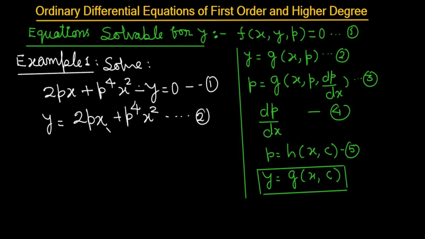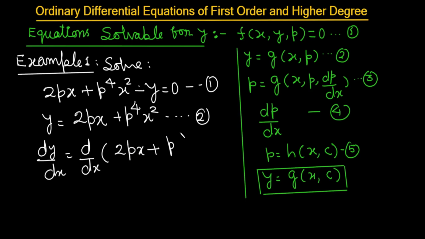Next step is we have to take the derivative of equation 2 with respect to x. So dy/dx is equal to the derivative of the right hand terms, and the right hand side involves two terms, 2px and p raised to the power 4 x squared.